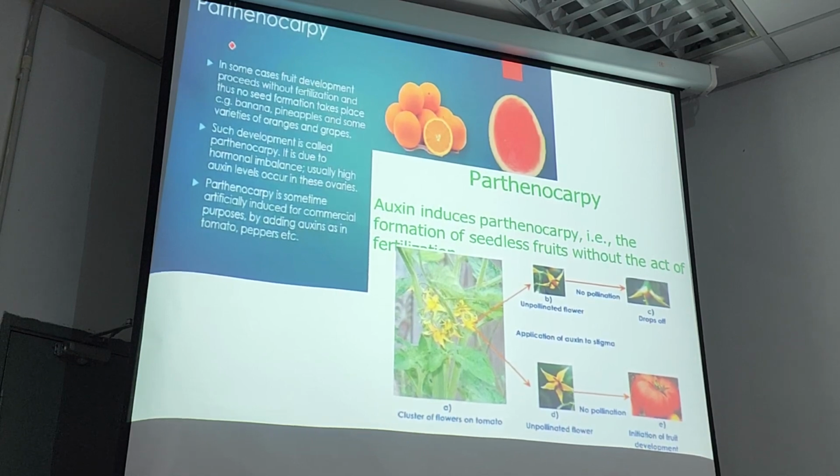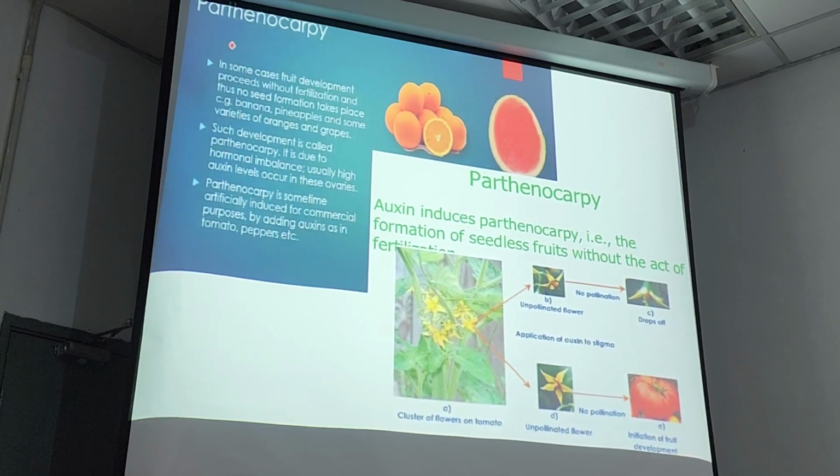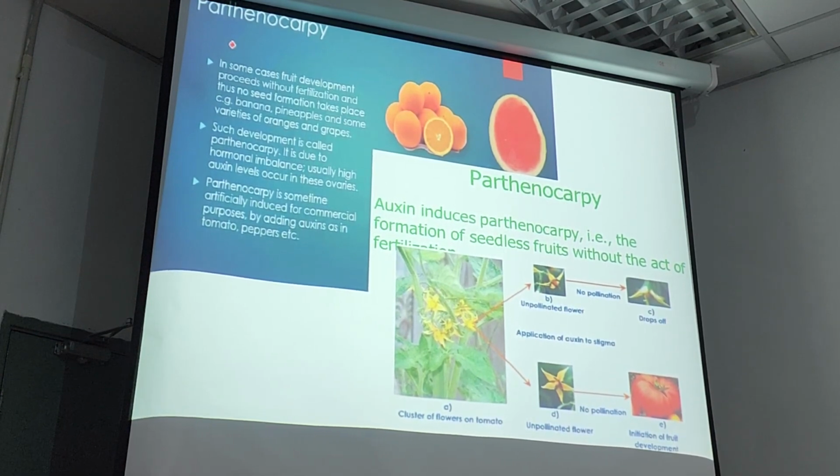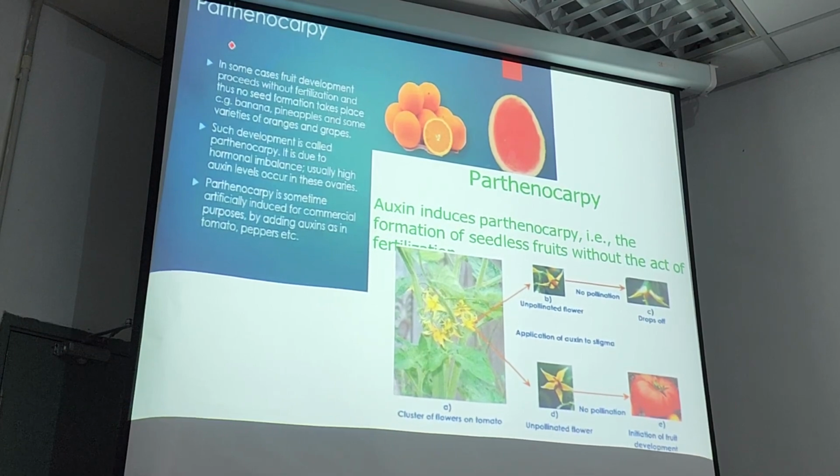What was an ovule will become seeds, and the ovary will become the fruit. That's why the seeds are always within the fruits, because the ovules are in the encasing of the ovary, right? However, that requires fertilization. Mommy and daddy need to meet together. Then you have your fruit.